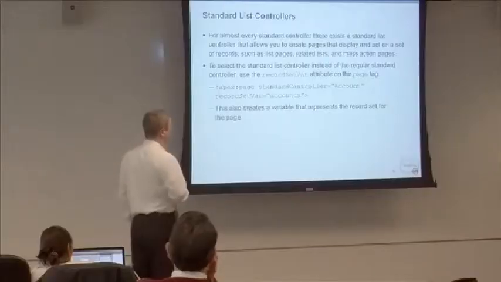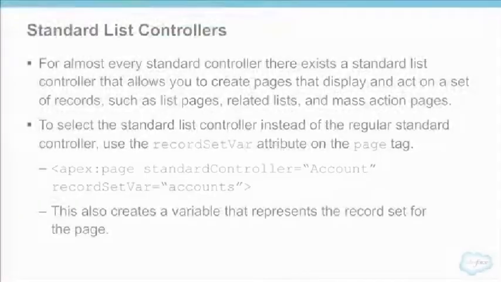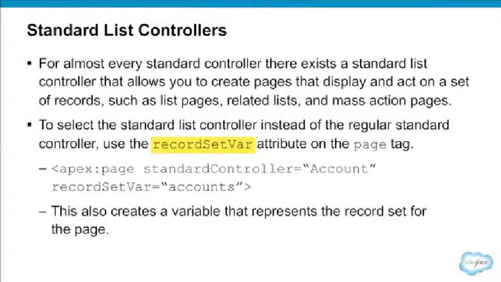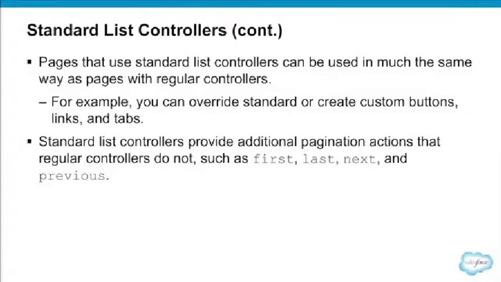And one of the things that we might choose to do is to use the standard list controller. Okay? To use the standard list controller, there's an additional attribute called recordSetVar. And so this would represent the list of records that we might want to work with. As I mentioned before, there is a list action method, but there's also, when we're working with the standard list controller, there are pagination methods.